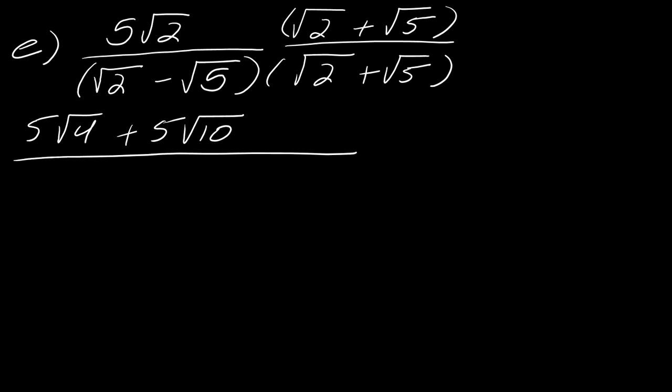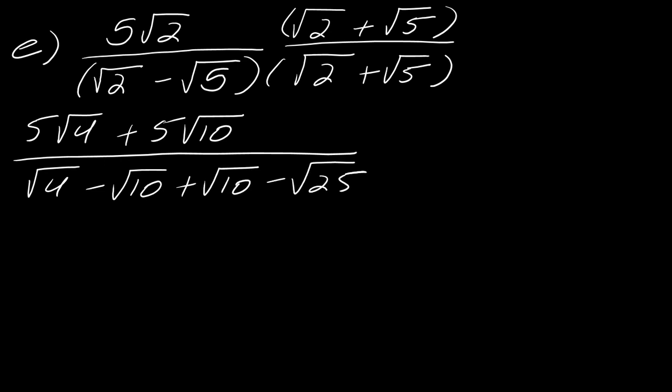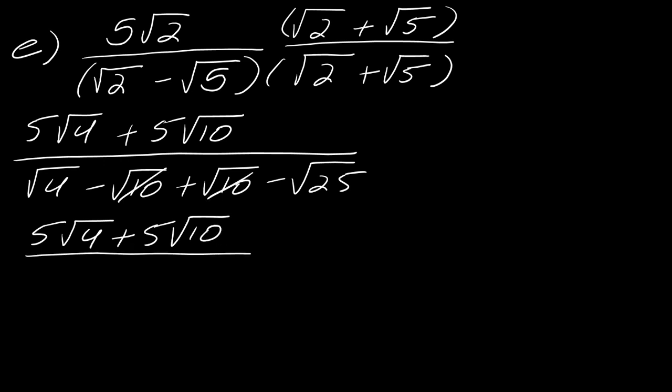And then in the denominator, this will be square root of 4 minus square root of 10 plus square root of 10 minus square root of 25. So those square roots of 10 drop out, so I'm left with just 2 minus 5.